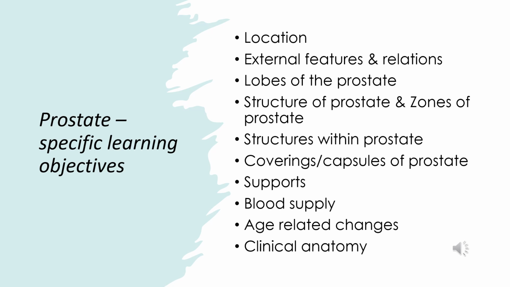Then we'll be seeing the age related changes in the prostate gland, and finally the important clinical anatomy, in which we'll be discussing the two most common clinical conditions that affect the prostate gland, namely benign prostatic hypertrophy or BPH and prostatic carcinoma.